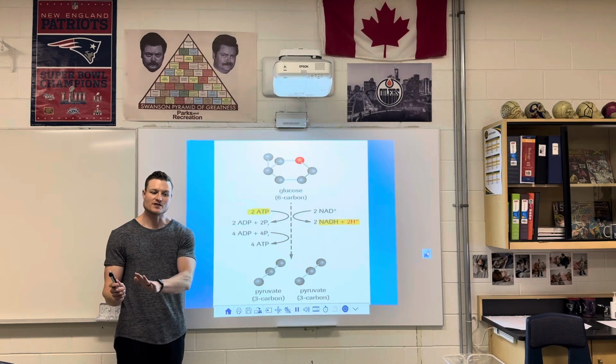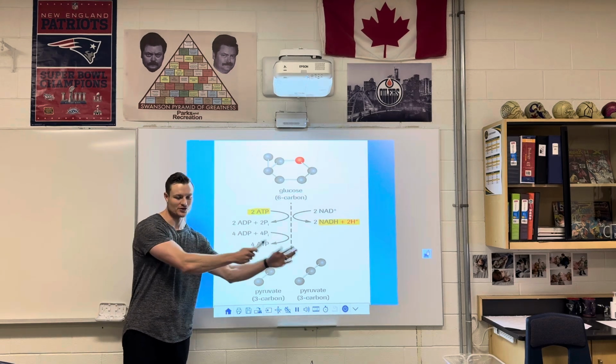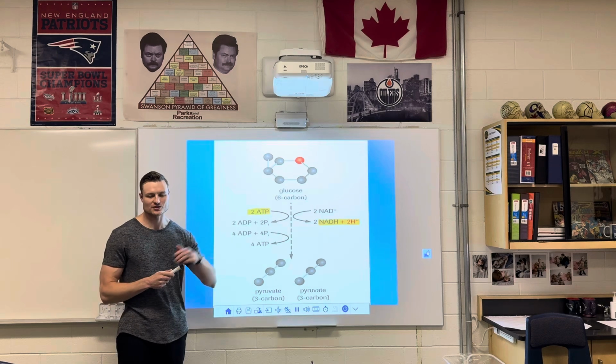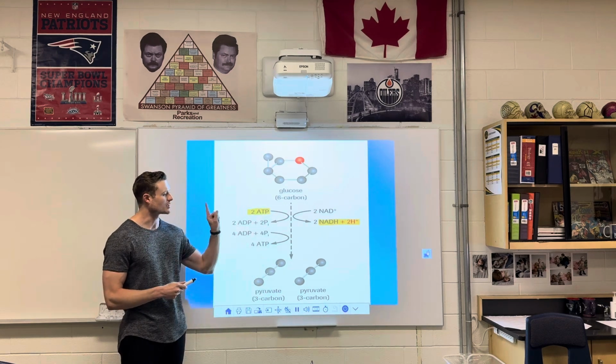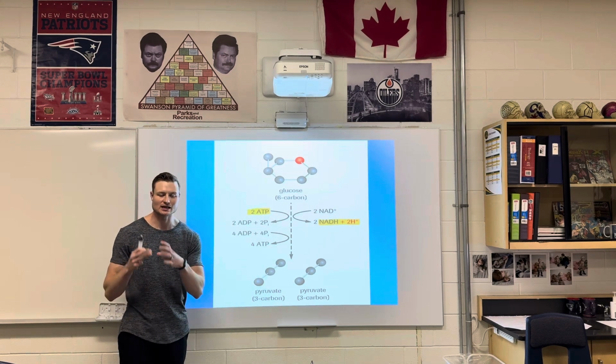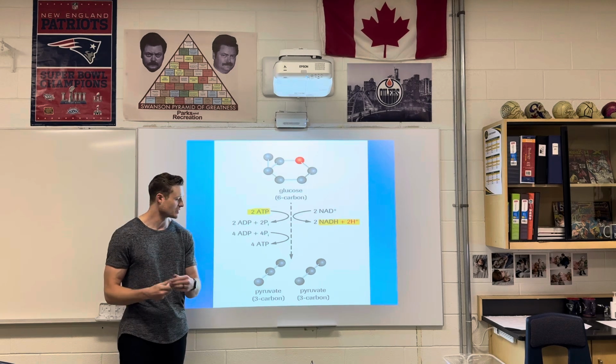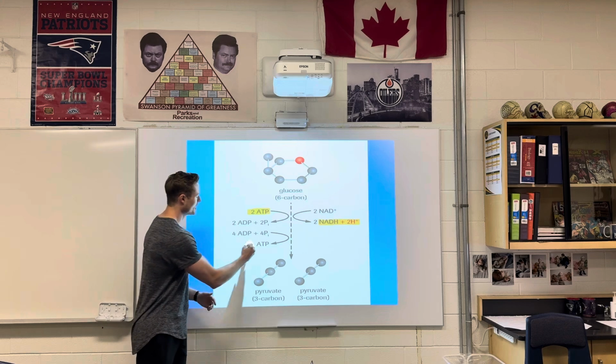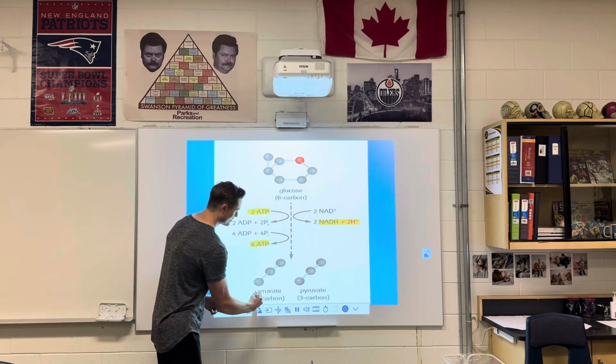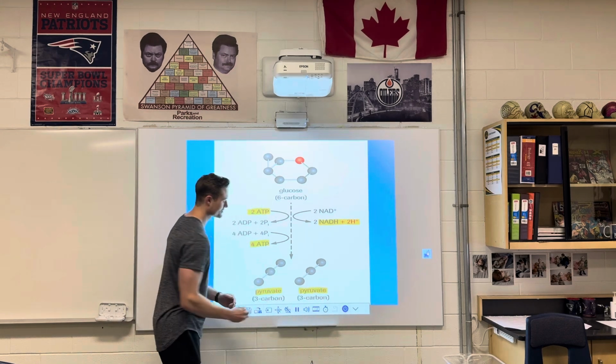We are going to save that for step number 4. So we're going to put that to the side, but keep in mind we're making 2 NADHs, which is an electron carrying molecule, so it has high energy electrons inside of it. And finally, we're also going to make 4 ATP and 2 pyruvate molecules.